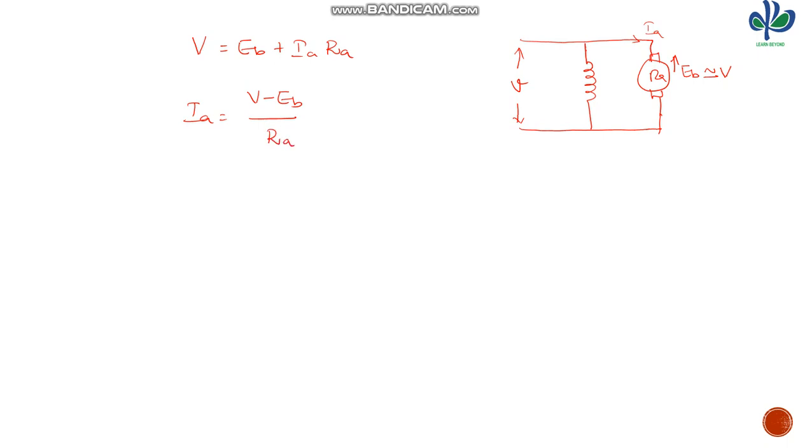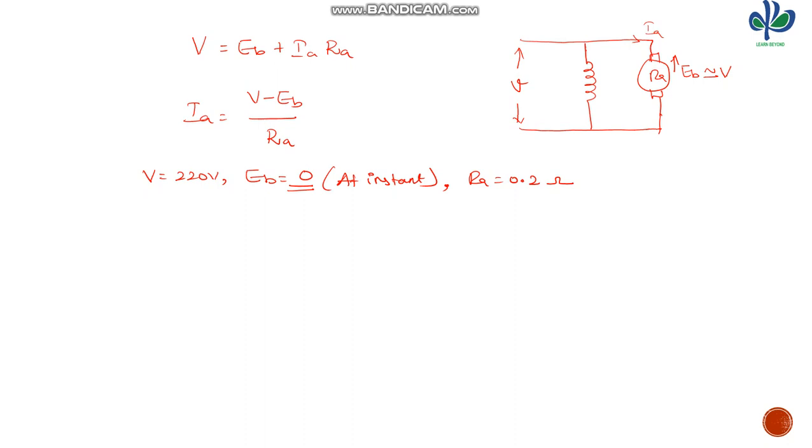For example, if I assume V is equal to 220 volts, at the instant of starting, what will be our back EMF? At the instant, the back EMF is 0. The armature resistance is very small, and we are assuming it as 0.2 ohm.